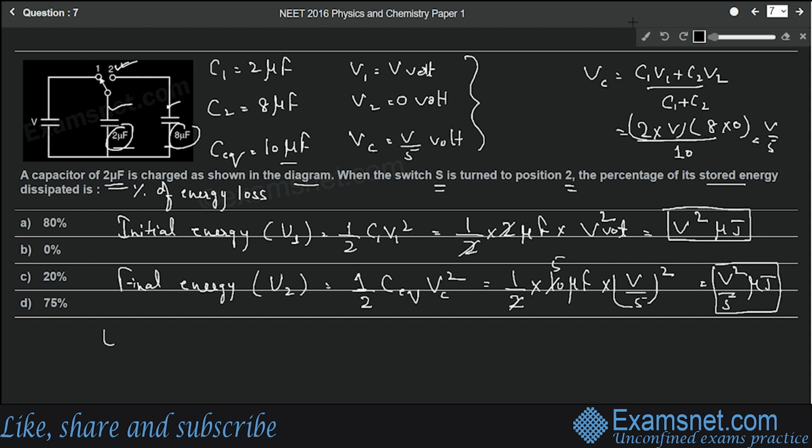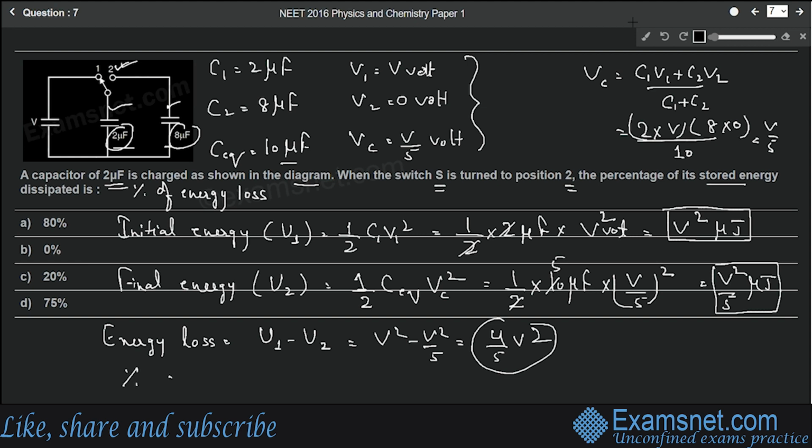So energy loss is equal to initial energy minus final energy, that is V square minus V square by 5 microjoule, that is 4 by 5 V square. This is the energy loss, but we have to find the percentage of energy loss.